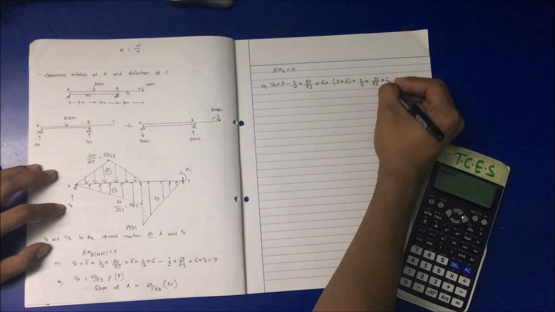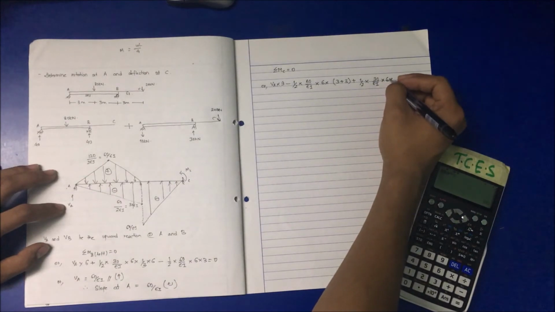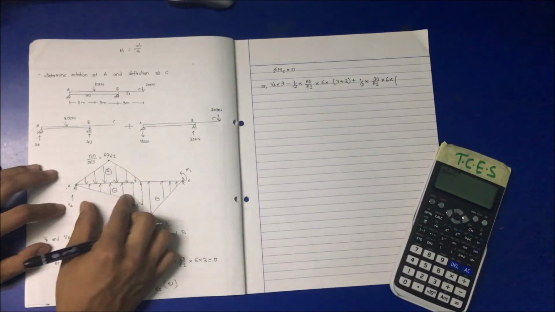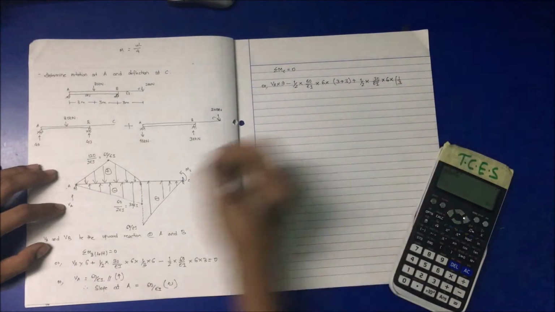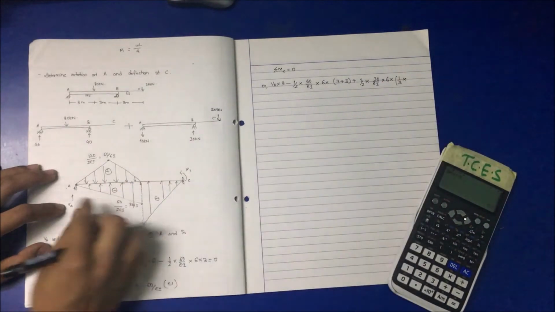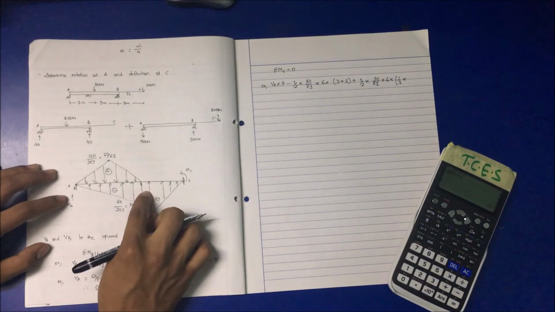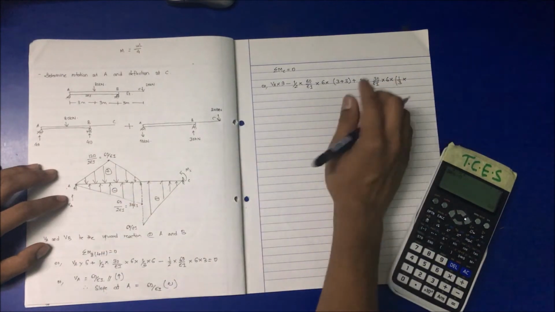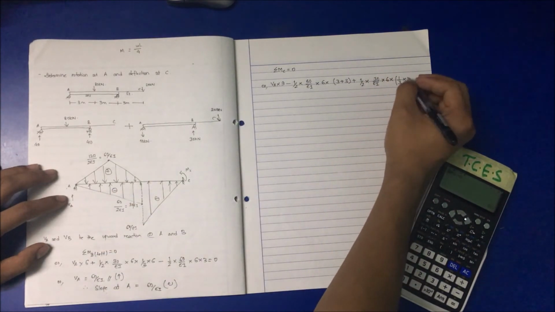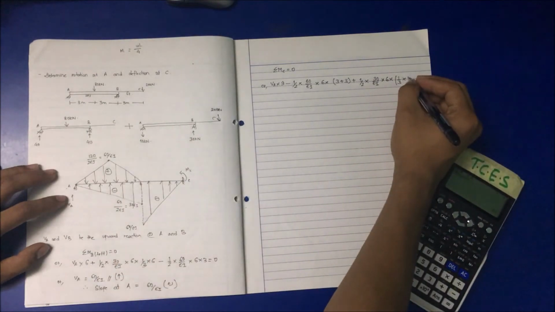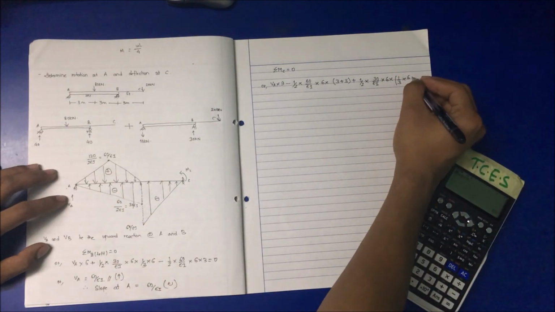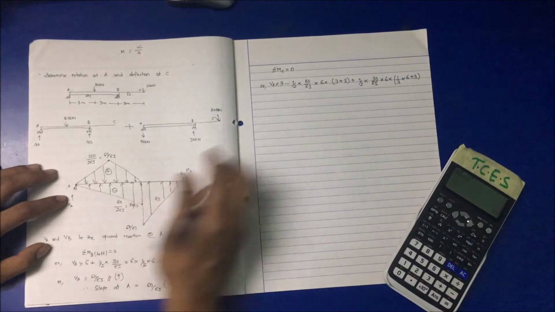and the loading is triangular, so 1 by 3 multiplied by the span from the base, that is 6, plus the remaining portion 3.